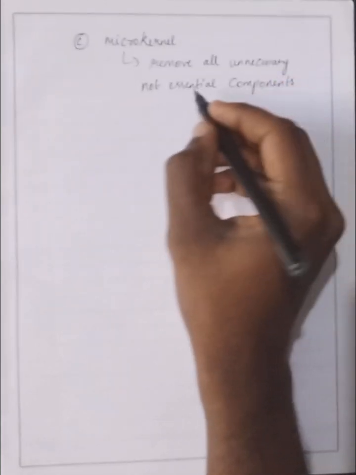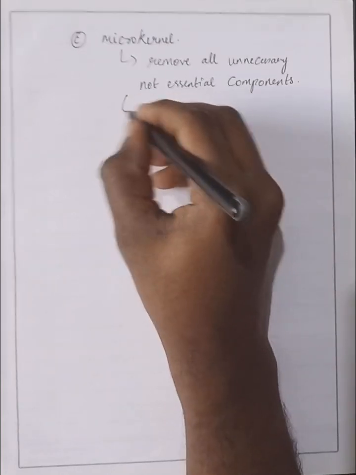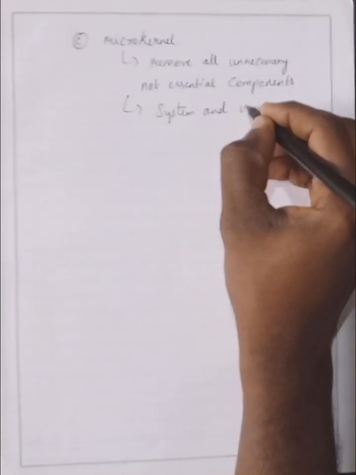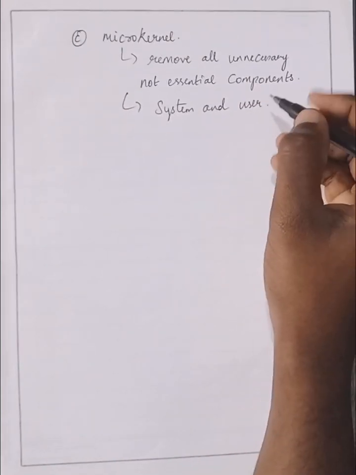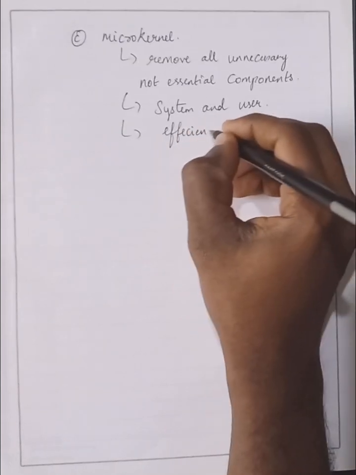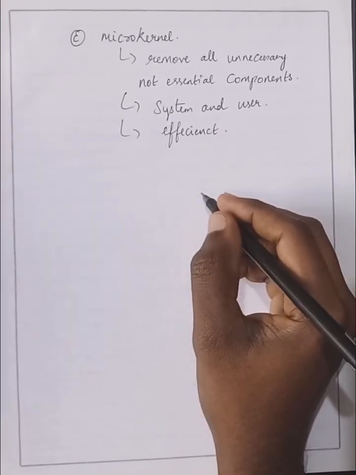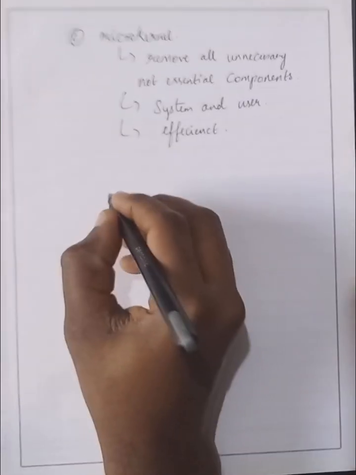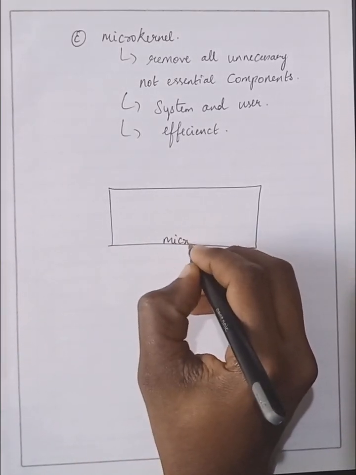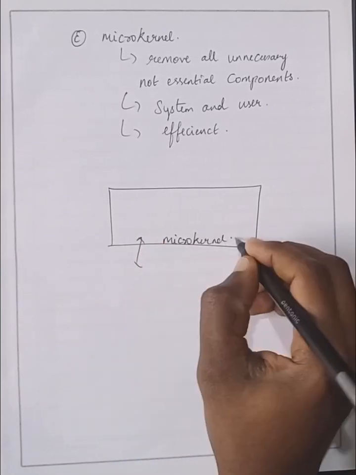It implements only the things we want, from both the system perspective and the user perspective, so that it becomes more efficient compared to the normal kernel. We'll draw one small diagram for this also. If we have a microkernel, it interacts with the hardware.